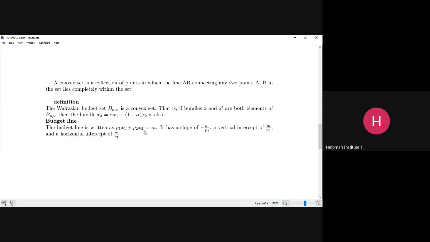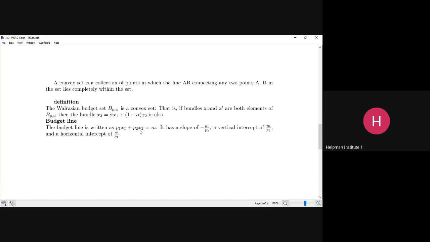That's the slope. Then for me to get my intercept, I need to substitute 0 in place of x1 to get my vertical intercept along the y-axis. So along the y-axis, when I put x1 to be 0, I will have x2.